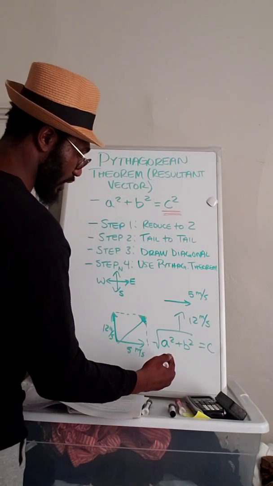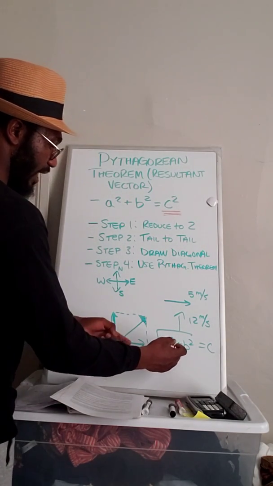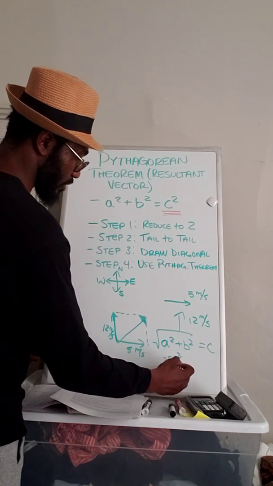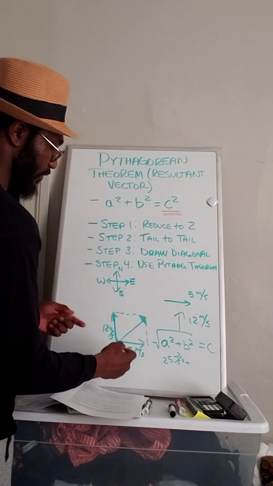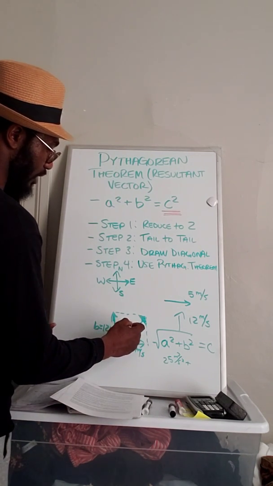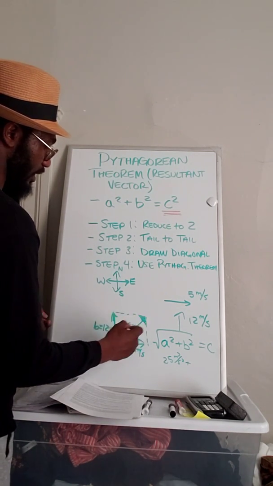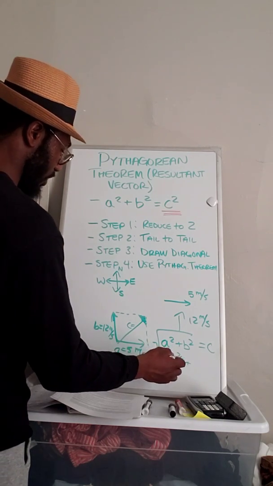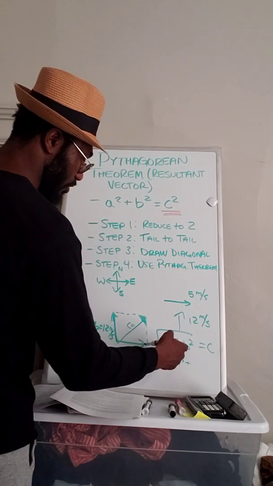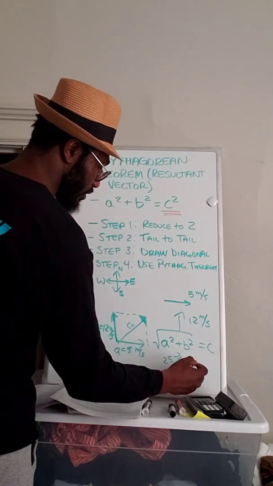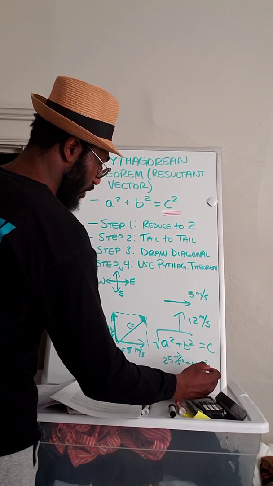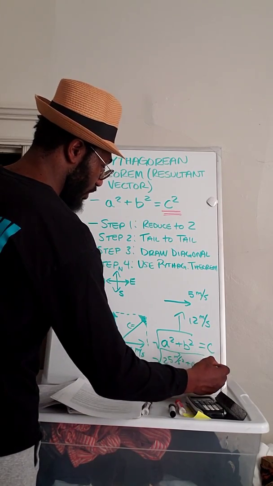Okay, and then I just plug in all my variables. 5 squared is going to be 25 meters squared per second squared, plus, remember, it doesn't matter which side I label A, which one I label B. Either way, this side is still C. So if I square B, that's going to be 144 meters squared per second squared. All of that under the square root symbol.